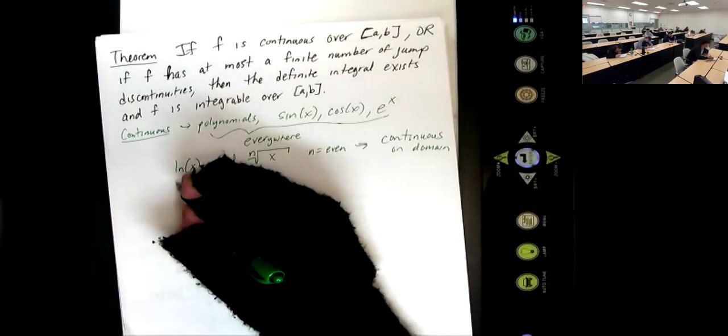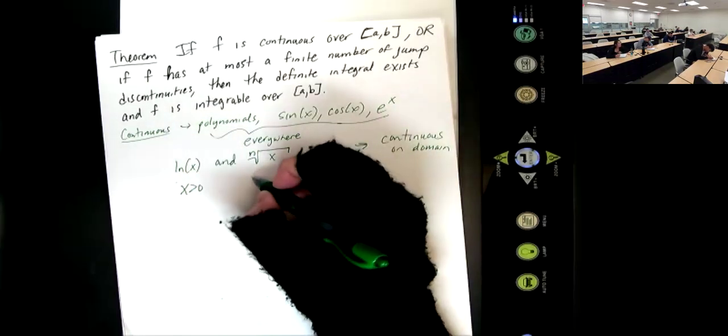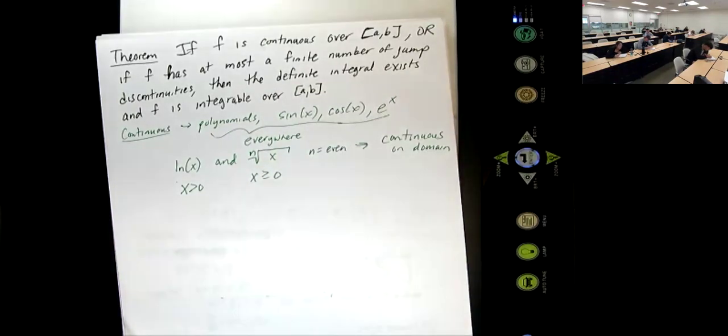Like natural log of x, x has to be greater than 0, but for the even root, x has to be greater than or equal to 0. So if you have those and you're only working with positive numbers, you have no problems integrating it. That's the first part, f is continuous over AB.